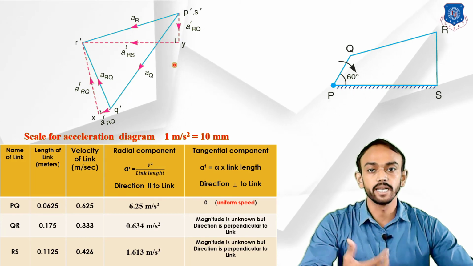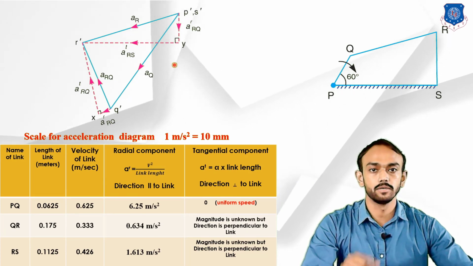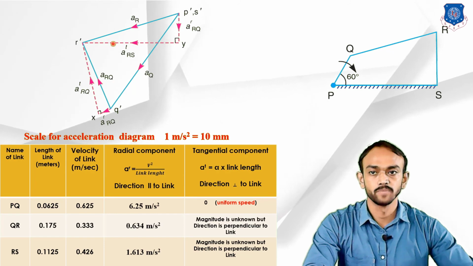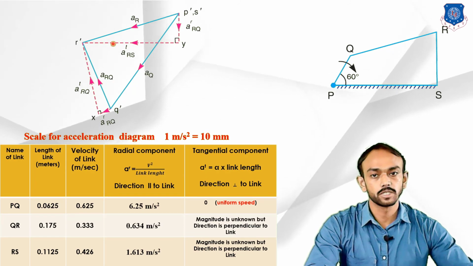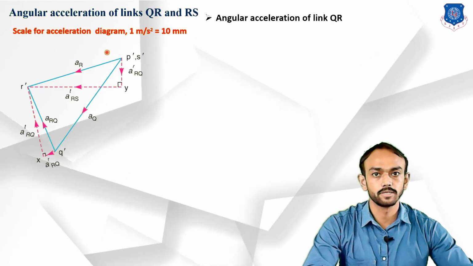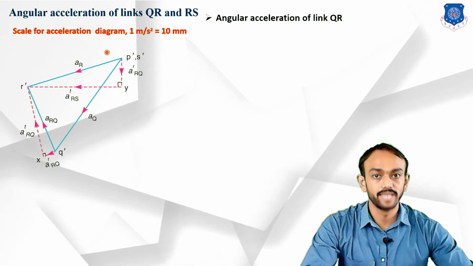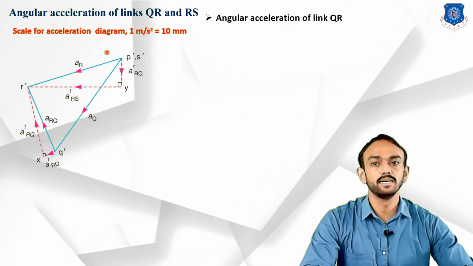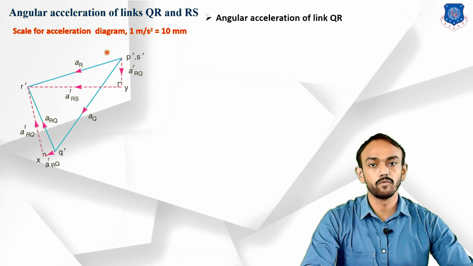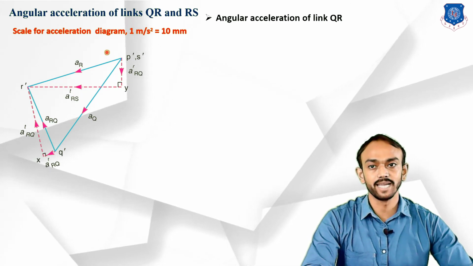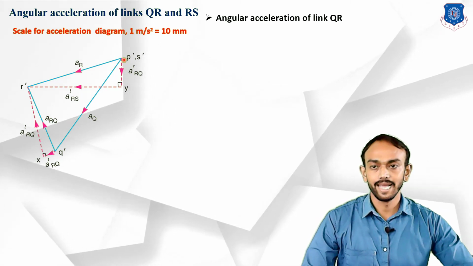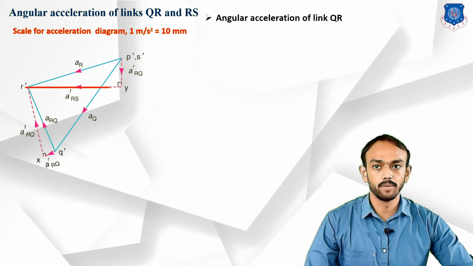Up to this point, you can see on the screen we have found the acceleration diagram. Now we require the angular acceleration of QR and RS. How can we find that? First of all we have to find the angular acceleration of QR, and for that we have to find the tangential component. So we will measure the length of all tangential components.